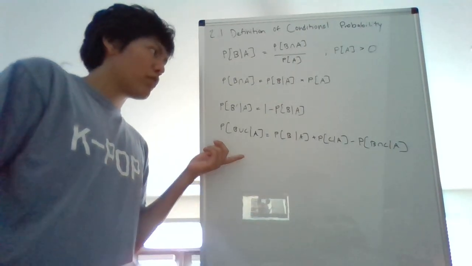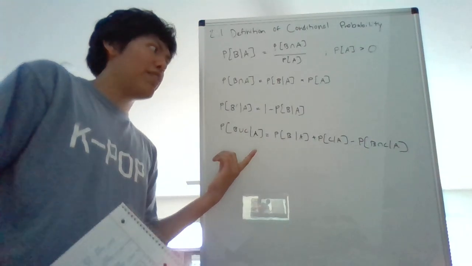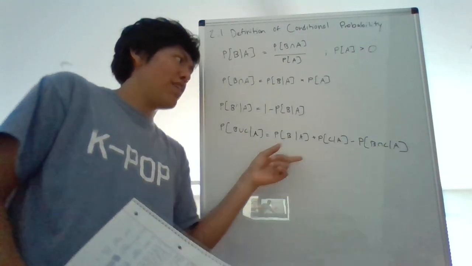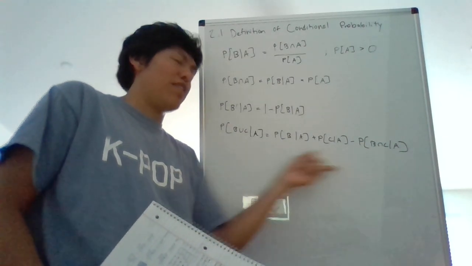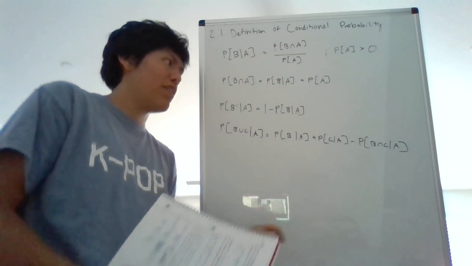And if we had a 4th event, like event D, this would only extend. You would add plus D given A minus all those intersections, and then you would add in the final 3rd intersection at the end.